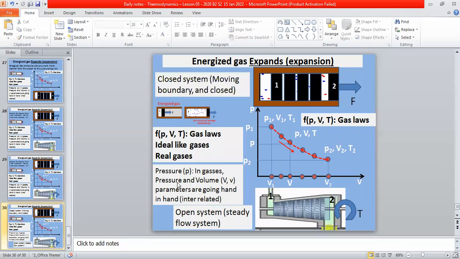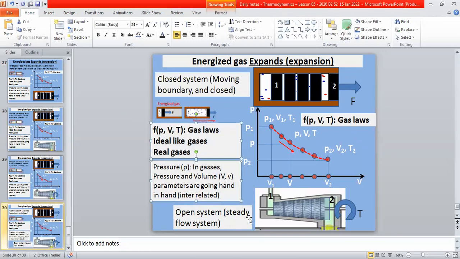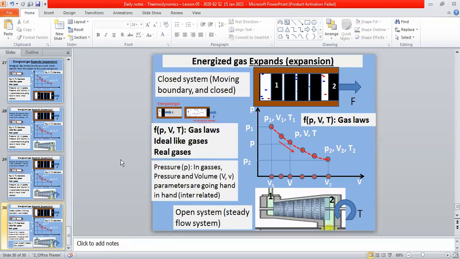Quite interesting. Good. So the PVT and these PV diagrams, the connectivity with the gas laws and all, you know this now.